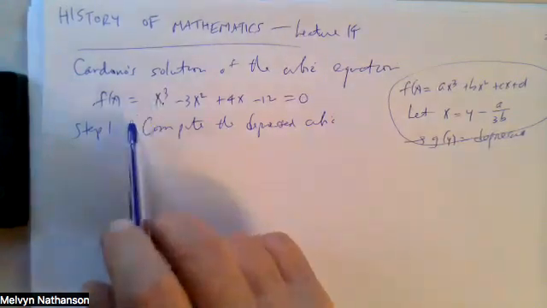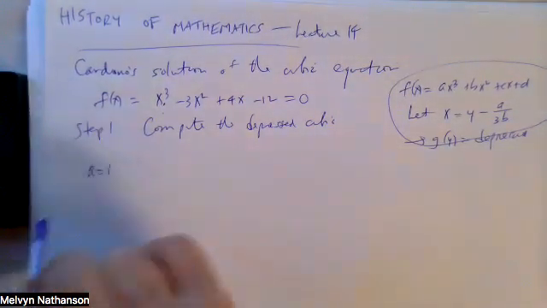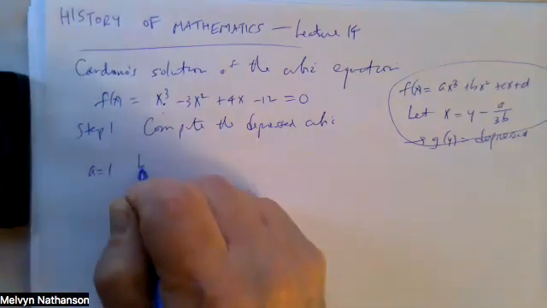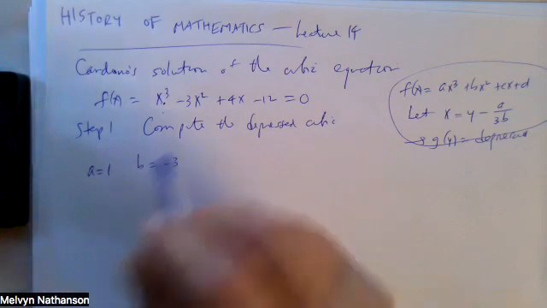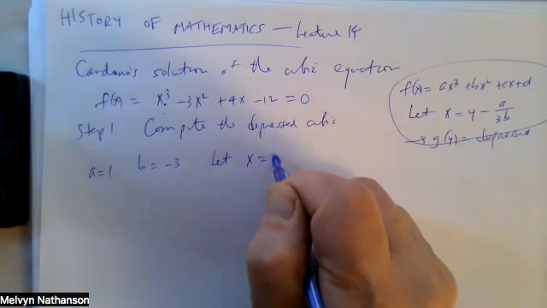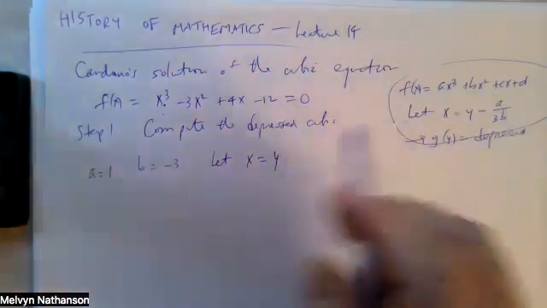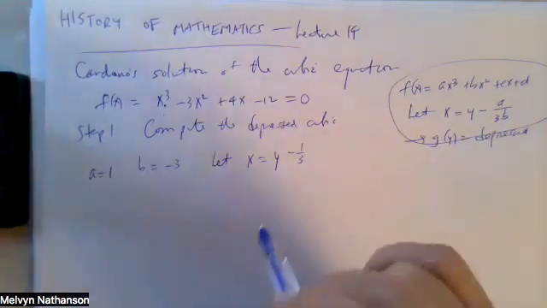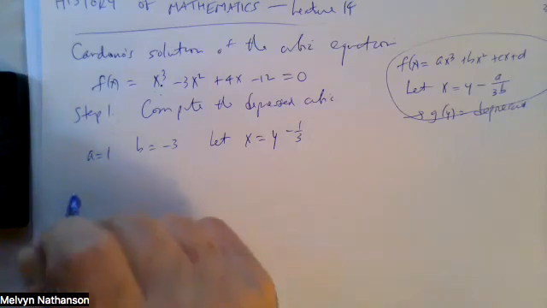So in this case, the leading coefficient, a, is equal to 1, b is minus 3, so we're going to let x be replaced by y minus 1 over 3. So let's make that substitution and see what we get.